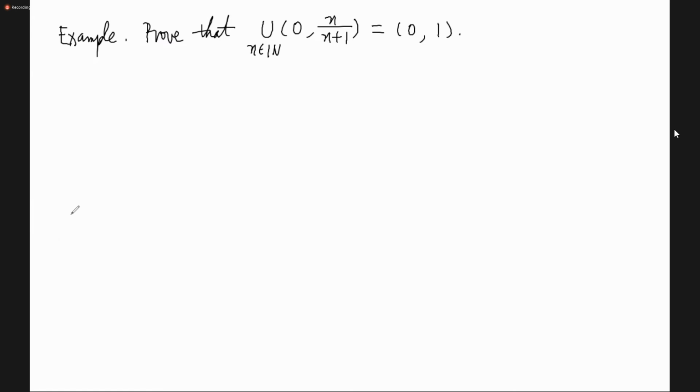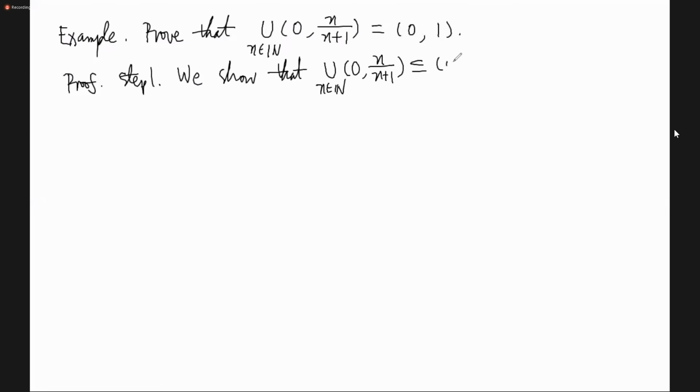Okay, so let's prove it. Still two steps. So step 1, we show that the union of 0 to n over n plus 1 is contained in 0, 1. To show this, we take an arbitrary element in the union.